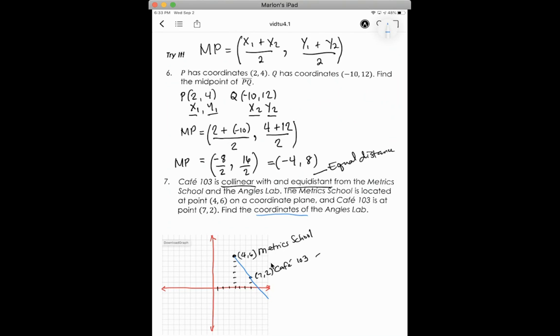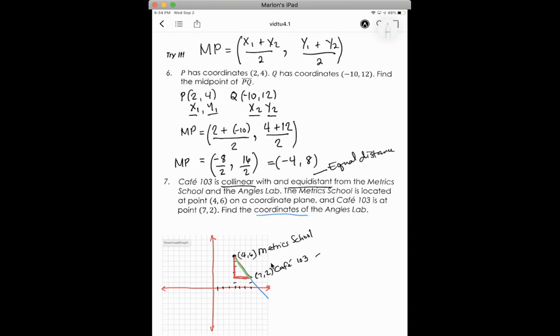So if we are looking at these particular points, (4, 6) and (7, 2), this forms a triangle, right? And also, of course, this line right here, I'm going to color it in green, has a slope, right? And when you talk about slope, it either goes down to the left, or it goes up or to the right.